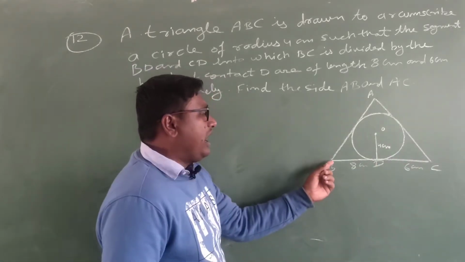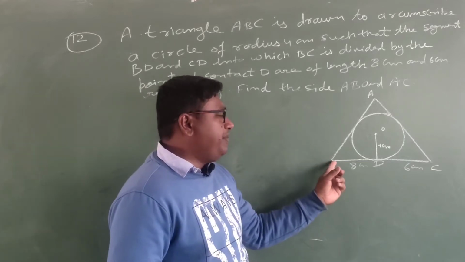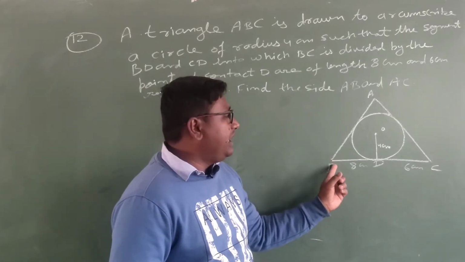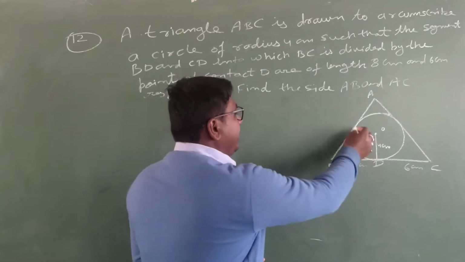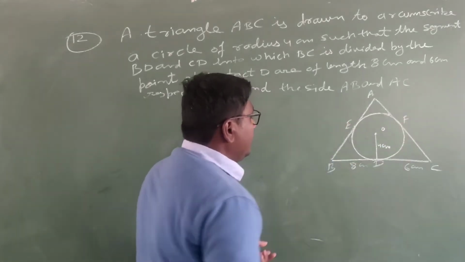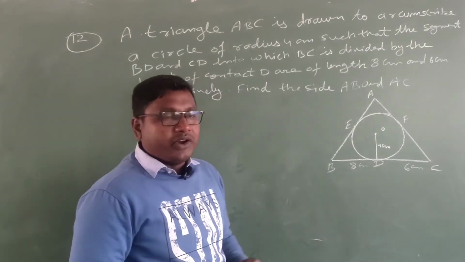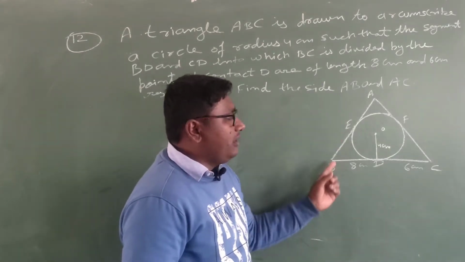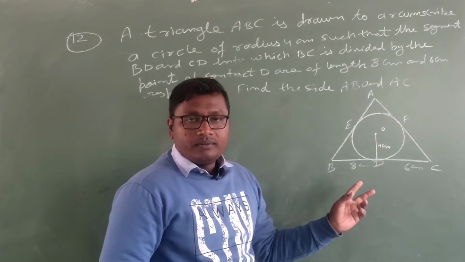Friends, as I have told you earlier, if B is an exterior point, then the lengths of the tangents are equal. Let the other points be named E and F. If B is an exterior point, then the length of BE will be equal to BD.